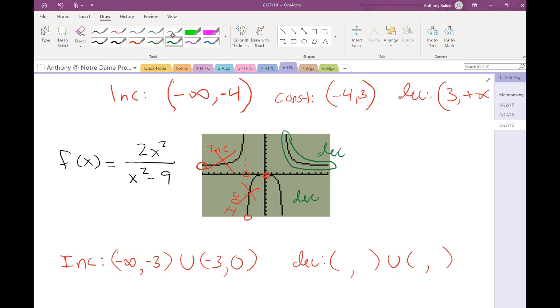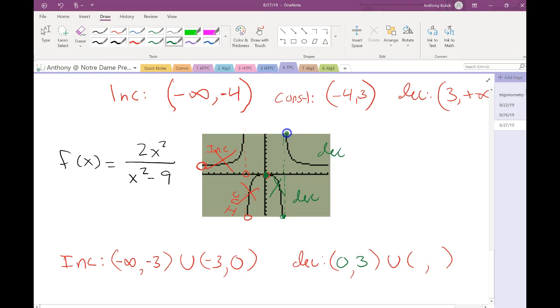Okay. Let's look at the next decreasing segment. So that starts here. So what x value is that? 0. And it ends about here. What x value is that going to be about? +3. So we're done with that section. We'll look at the last decreasing segment.